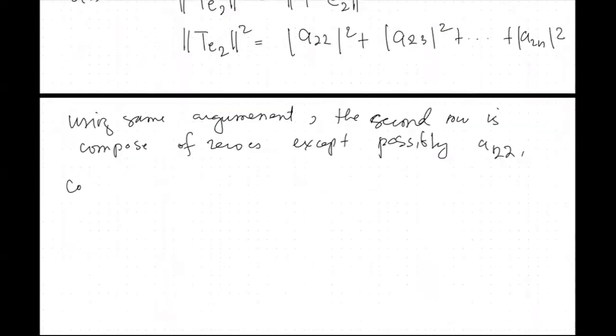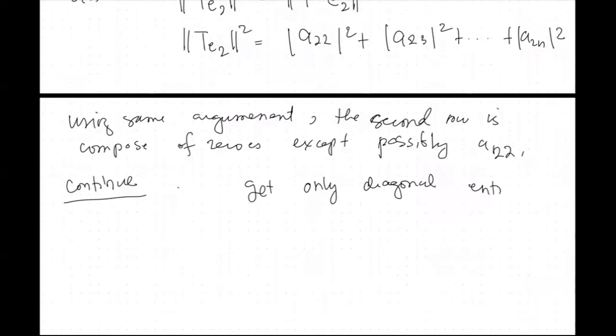So you continue this. If you continue that, you will get that the only possibly non-zero entries are the diagonal entries.